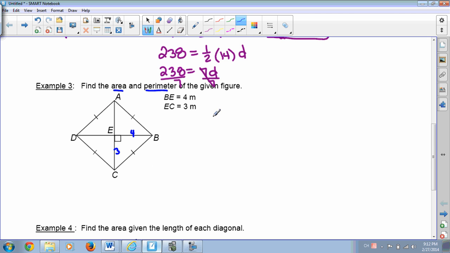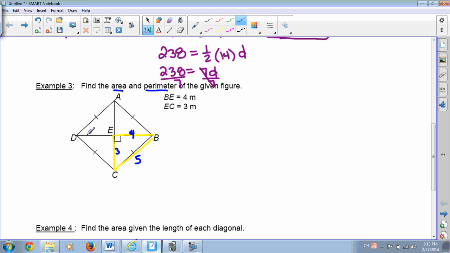So something easy to look at really fast is you have a right triangle from B to E to C. Okay, that makes a right triangle. You also notice that the side lengths are 3 and 4, which automatically makes the hypotenuse 5 because it's a 3, 4, 5 triangle.